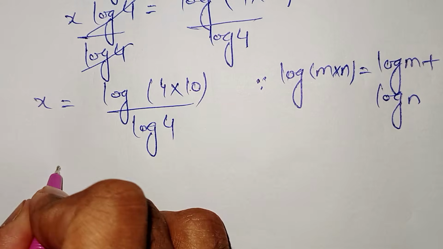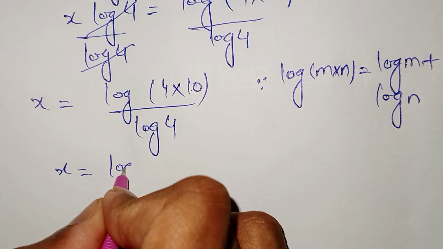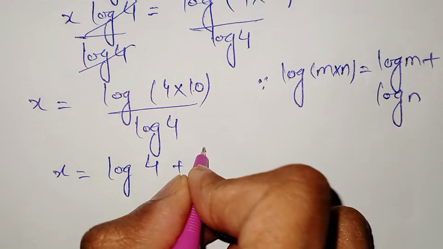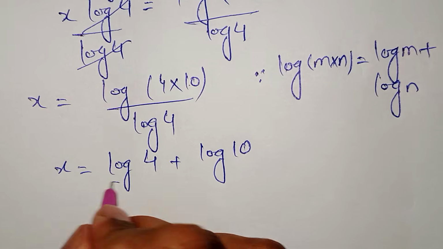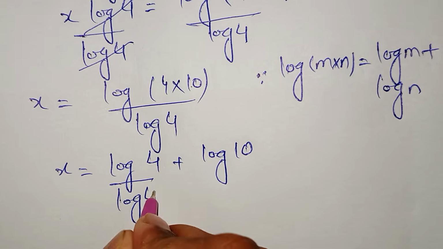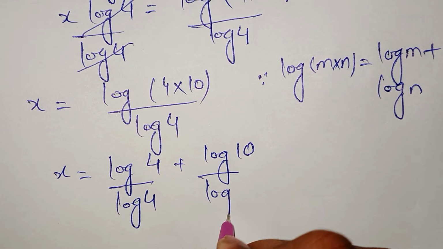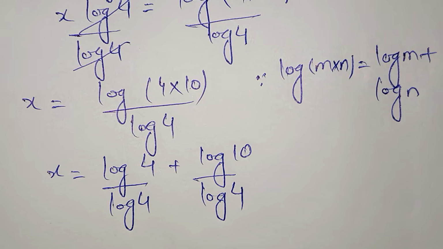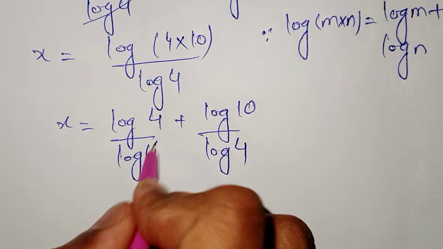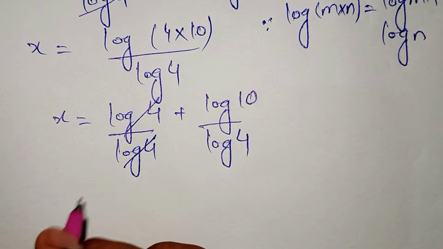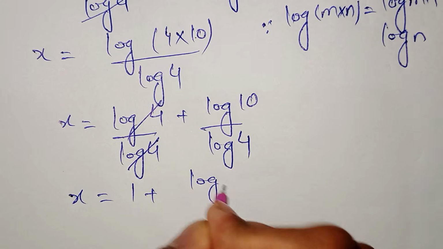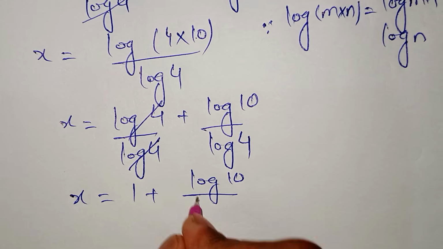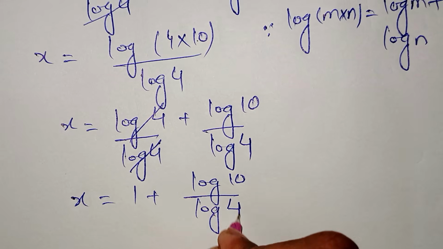So x will be equal to log of 4 plus log of 10 over log of 4. Log 4 here and log 4 here cancel. X equals 1 plus log of 10 over log of 4.